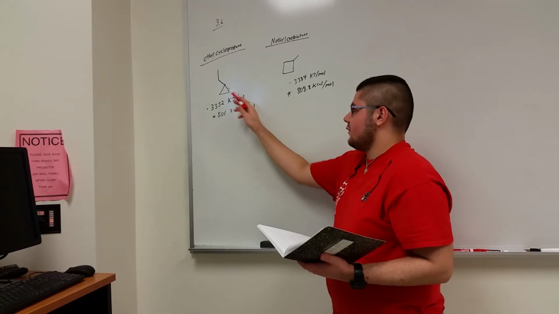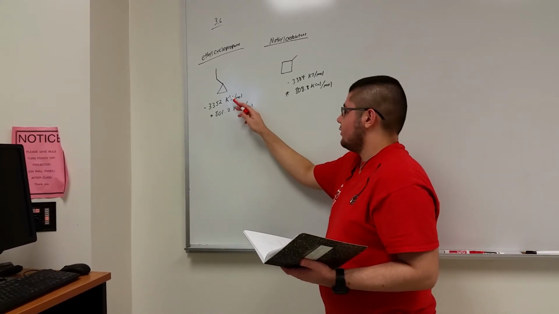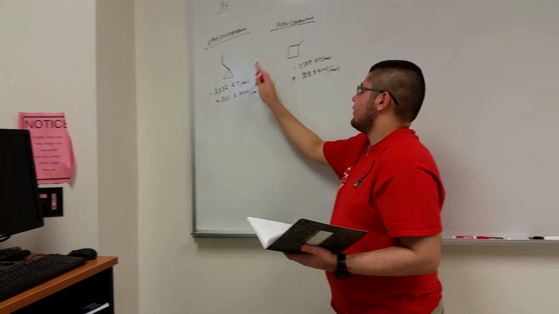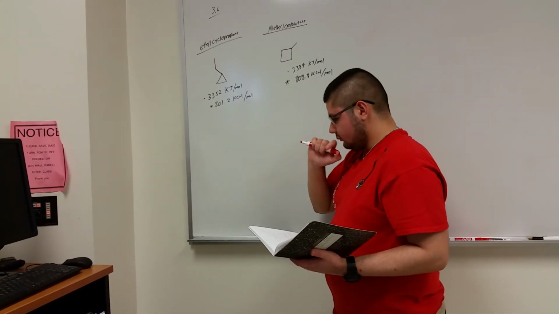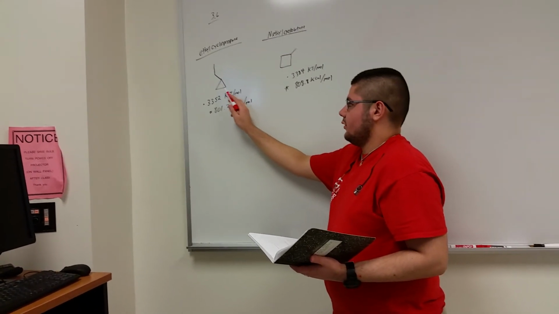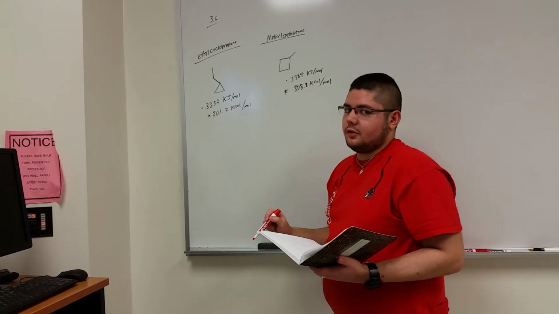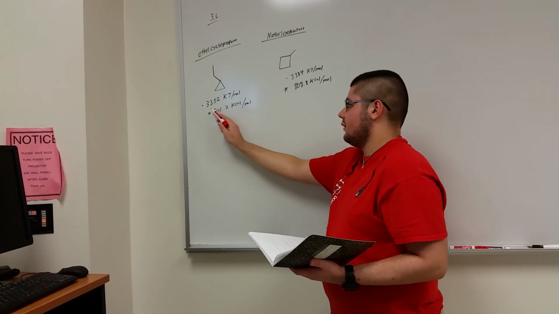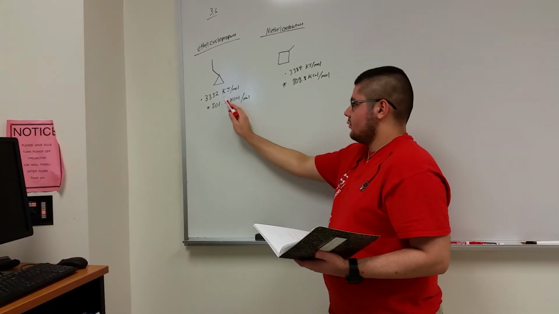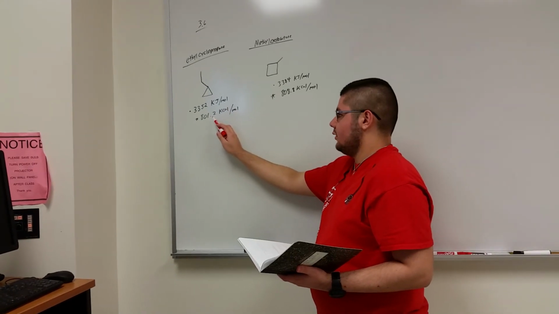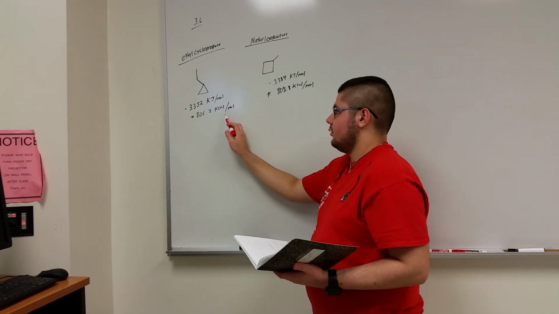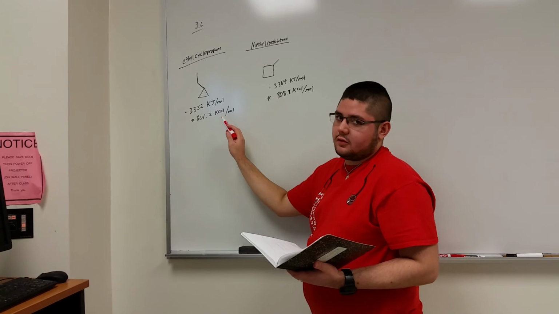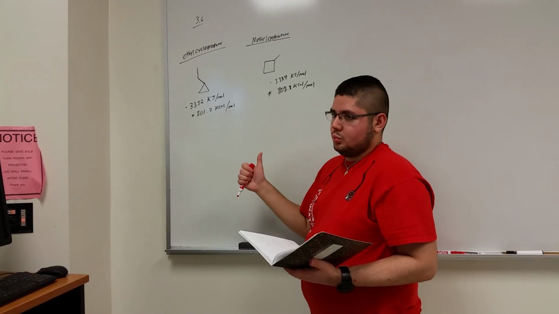Even though it has the same number of carbons as methylcyclobutane, it's still smaller in structure, which is why it has 3352 kilojoules per mole and 801.2 kilocalories per mole as its heats of combustion.